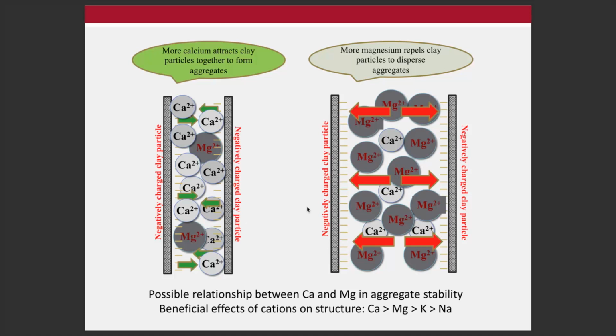Okay, so we know from chemistry that calcium is better for structure than magnesium. Here's the rank order of calcium, magnesium, potassium, and sodium. Sodium is a very dispersive cation, and because of that, sodic soils can often be very problematic.